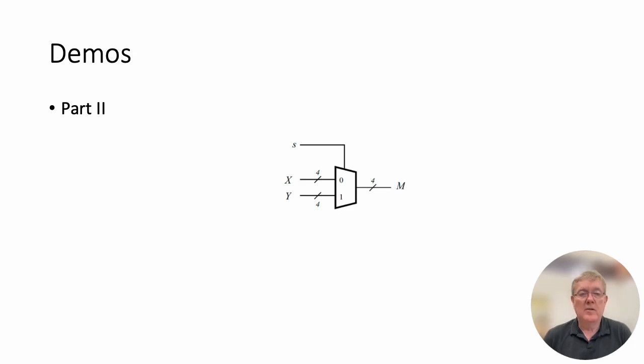The way the mux is meant to be connected to the board is to have the selector bit connected to switch number 15, and then to have the X input, the 4-bit input X, connected to switches 0 through 3, and the Y input, the 4-bit Y input, connected to switches 4 through 7. The output M, the 4-bit output, should be displayed on the 4 LEDs 0 through 3. Let's have a look at what that looks like.